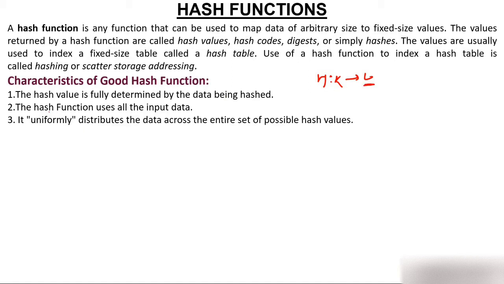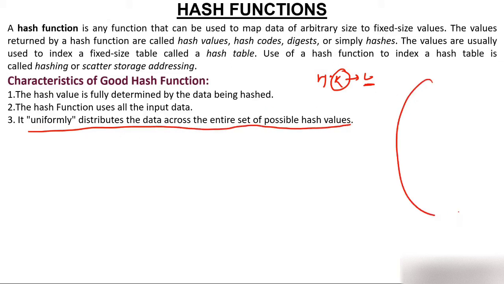Second, the hash function uses all the input data. Third, it uniformly distributes the data across the entire set of possible hash values. If you have a table of a given size, it should not distribute only in one part but should take the entire hash table. These should be the characteristics of good hash functions.